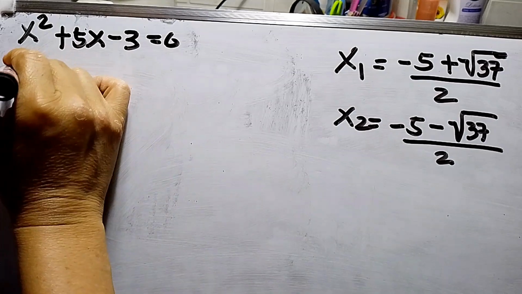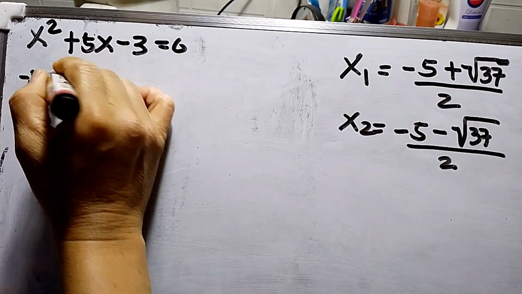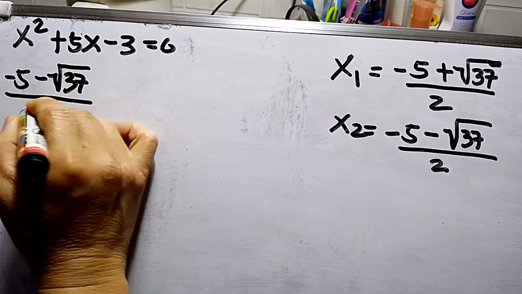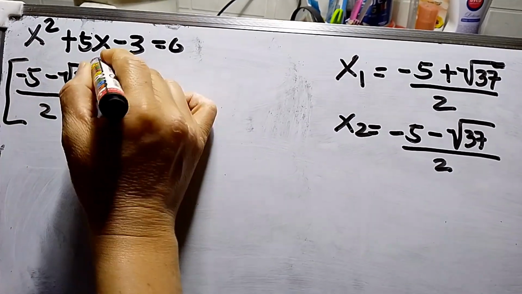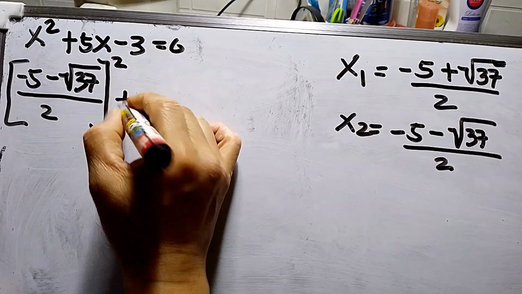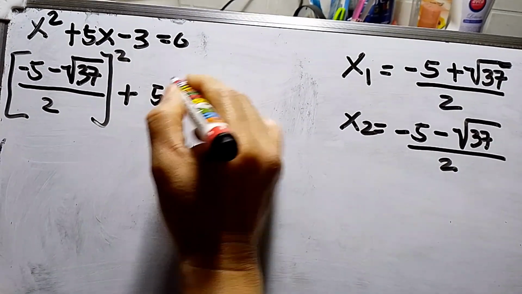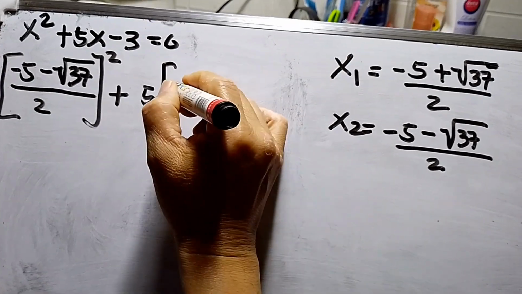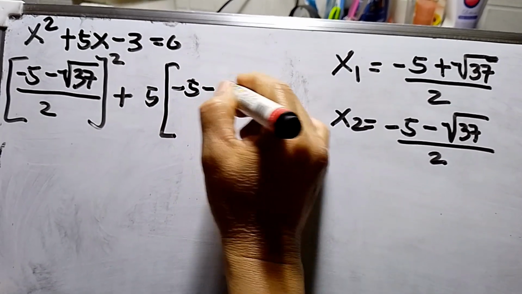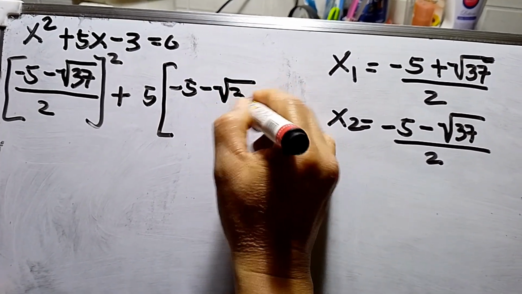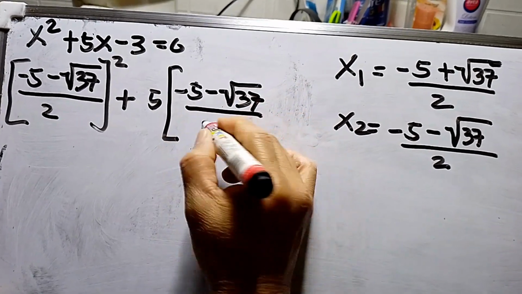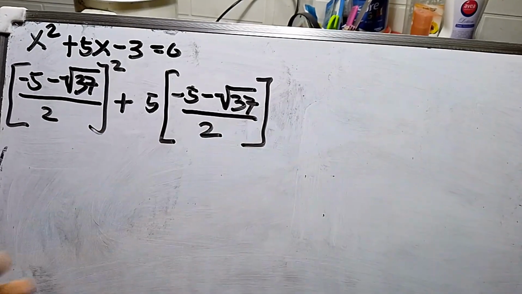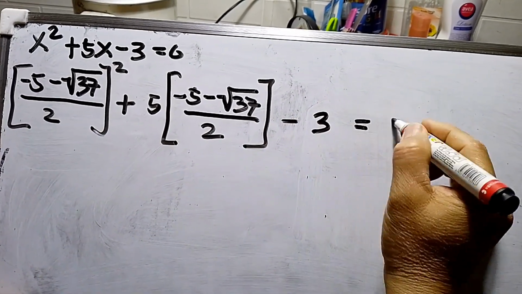So negative 5 minus square root of 37 over 2, and then this will be squared. Then plus 5, open square brackets, this will be negative 5 minus square root of 37 over 2, then minus 3 is equal to 0.